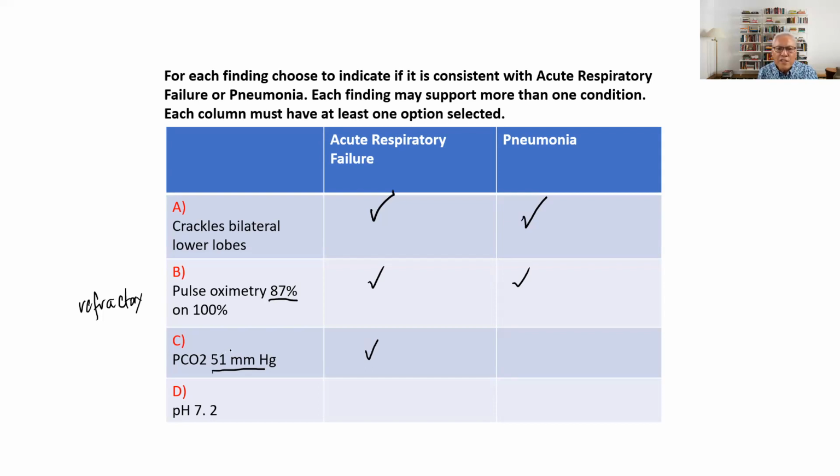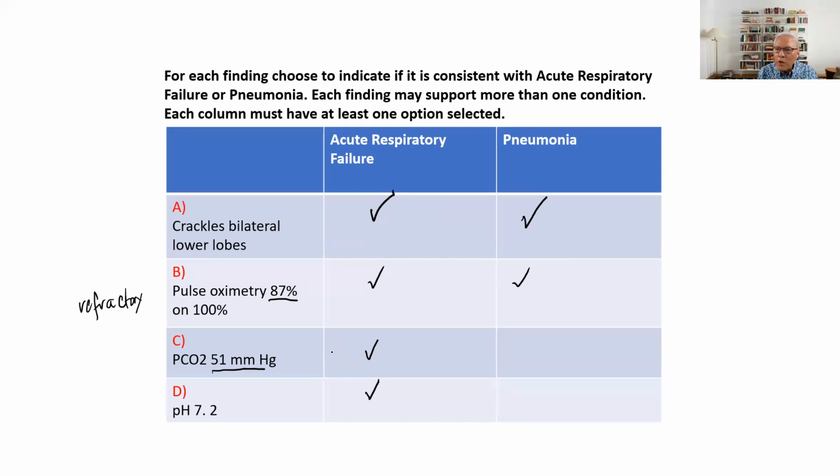And a pH of 7.2, of course, this is severe acidosis, and therefore this is something that would be present in acute respiratory failure. Okay, so I would have answered it this way.